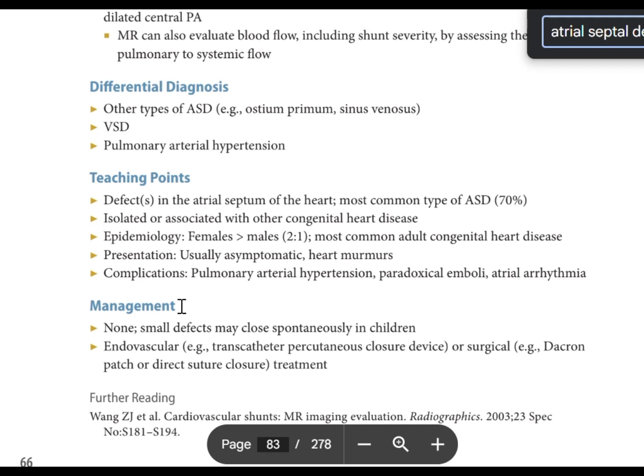The management is none for small defects, as I mentioned in VSD. The small ASD will close spontaneously. Endovascular treatment, transcatheter percutaneous closure device, or surgical treatment for a large ASD.